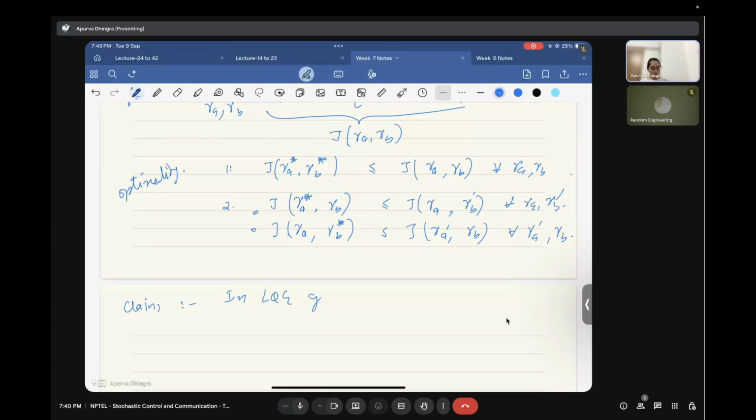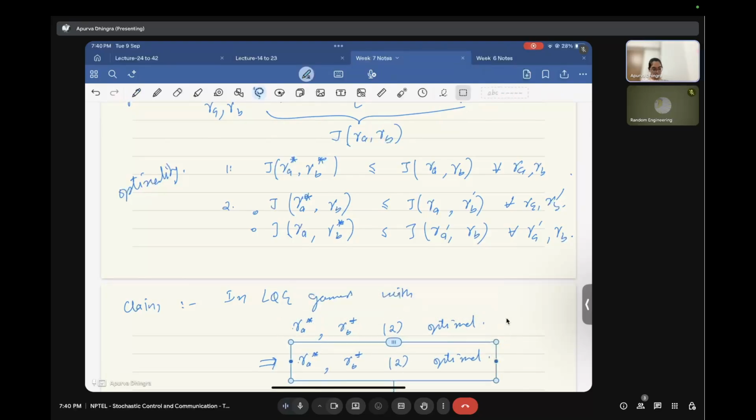In LQG games, if we have the second type of optimal, then the same thing is the first type of optimal also.